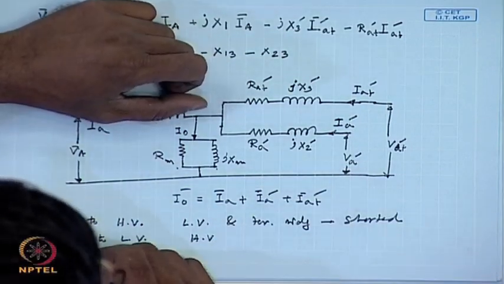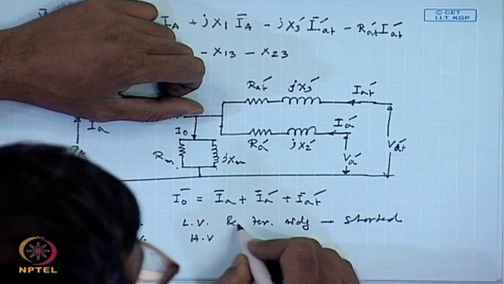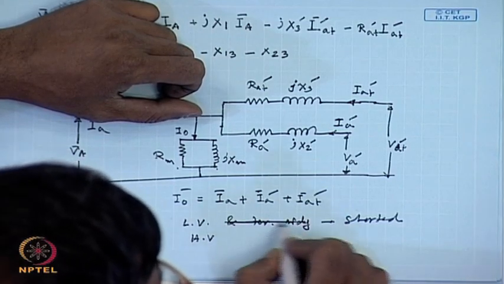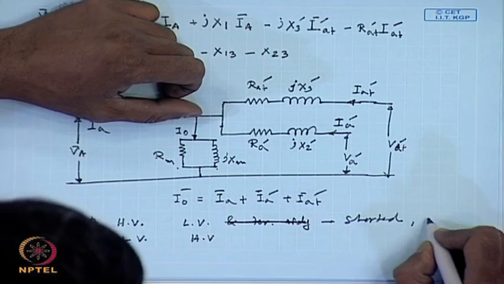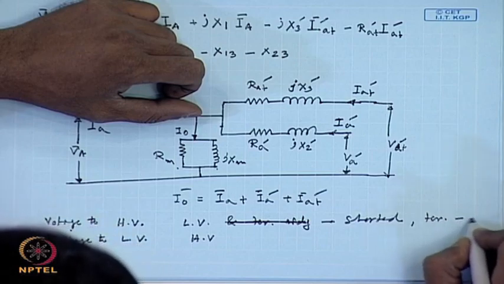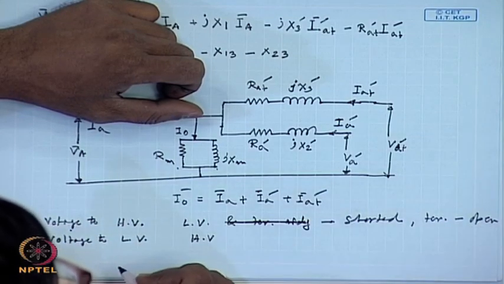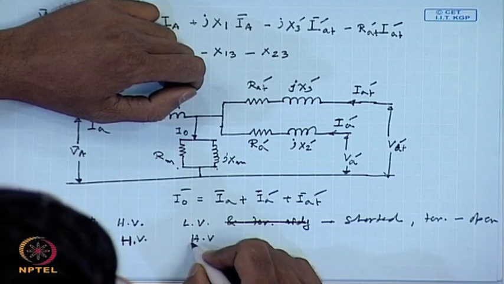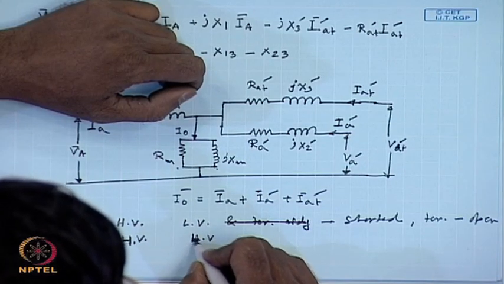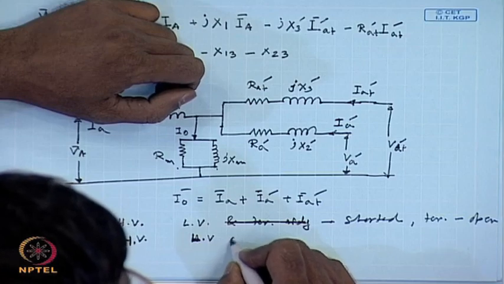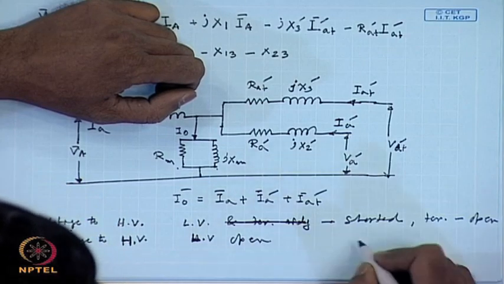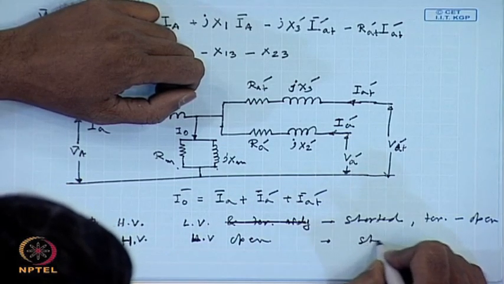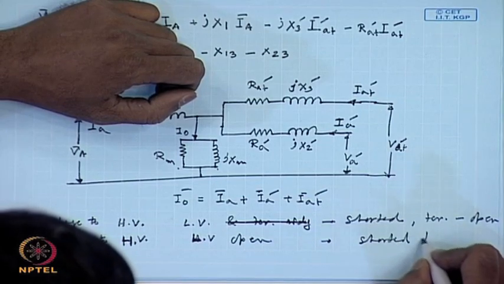One voltage to HV side, LV side shorted, tertiary winding open. Then voltage to HV side, LV side open and shorted is tertiary winding.